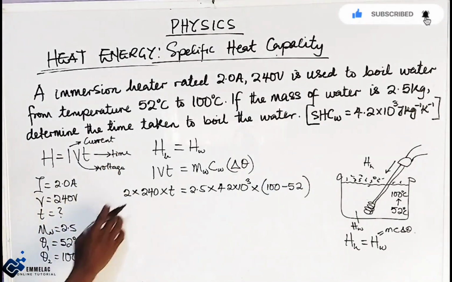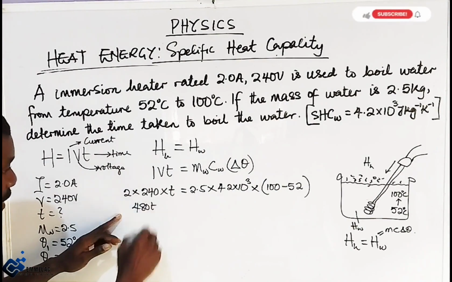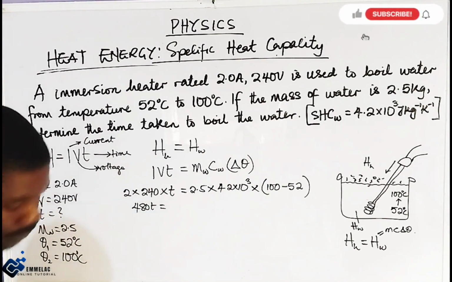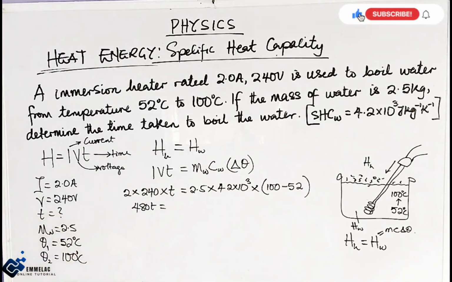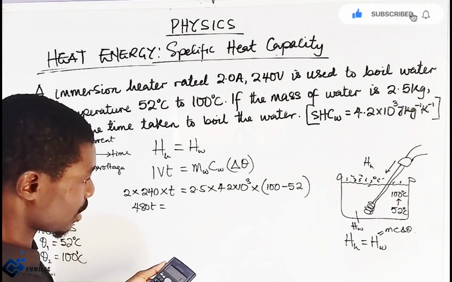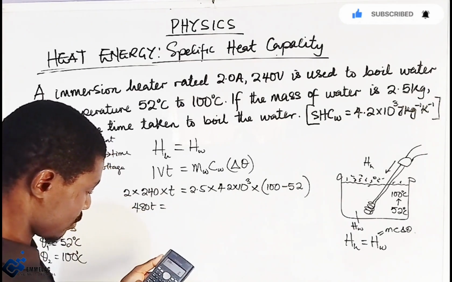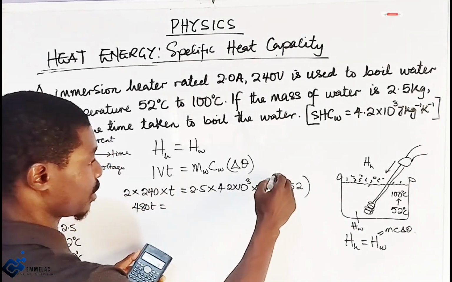So the left side gives us 480T, then equals, solving 100 minus 52, to give us 48.